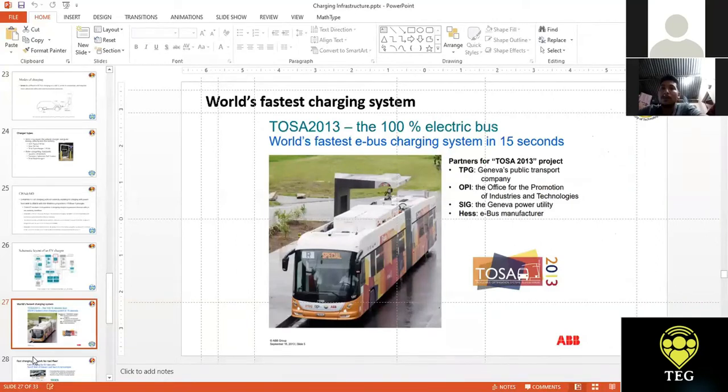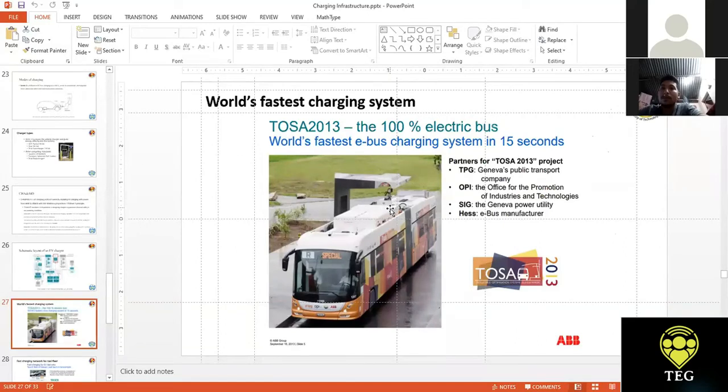And here in the figure you see one flash charger. So this bus actually is a trial system which runs in Geneva, and the bus is powered by supercapacitors or ultra capacitors, however you would like to call them. So the idea is that whenever a bus stops at a bus stop for a minute or so, the supercapacitors are flash charged by a pantograph.